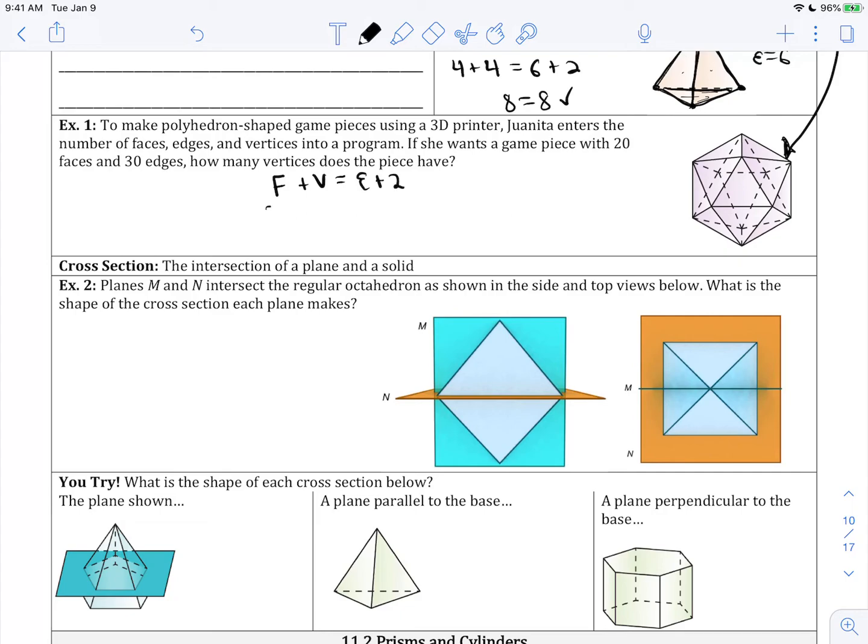Now we know she wants 20 faces, we're not sure about the vertices, and 30 edges, right? So we set up our equation, and can simplify that to get 20 plus v equals 32. Subtract 20 from both sides, and v equals 12, or 12 vertices.